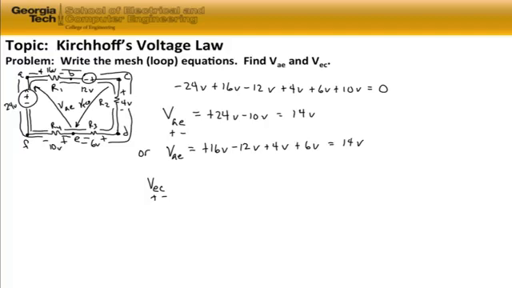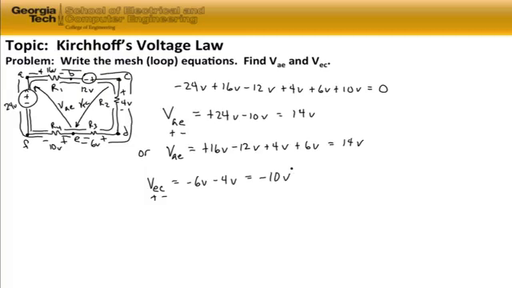Let's go counterclockwise from E up to C. If we do that, we first encounter a minus 6 volts across resistor 3, and then a minus 4 volts across resistor 2 before we reach node C. So starting at E, going counterclockwise till we reach node C, that gives us a minus 10 volts for the voltage across EC.